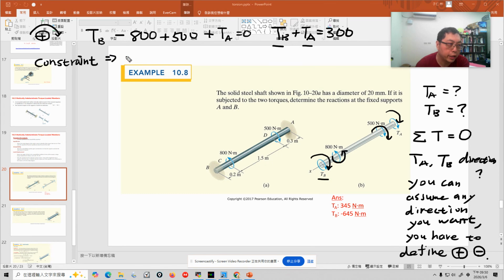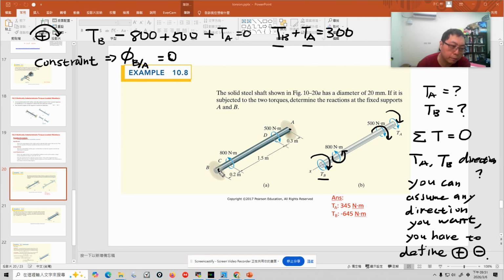The constraint is that the angle of twist phi from B to A is 0. That is because the walls are so rigid, the angle of twist relative between these two positions must be 0.